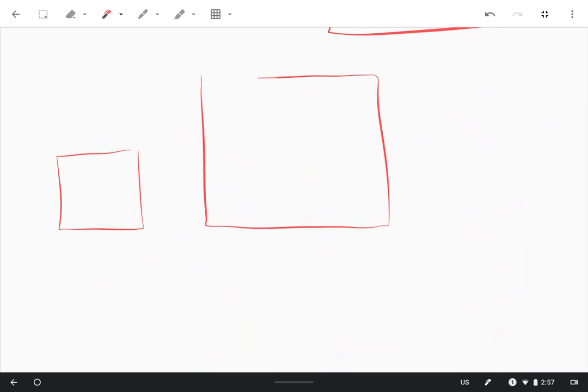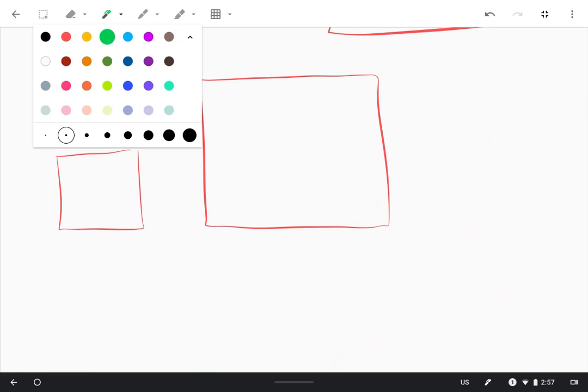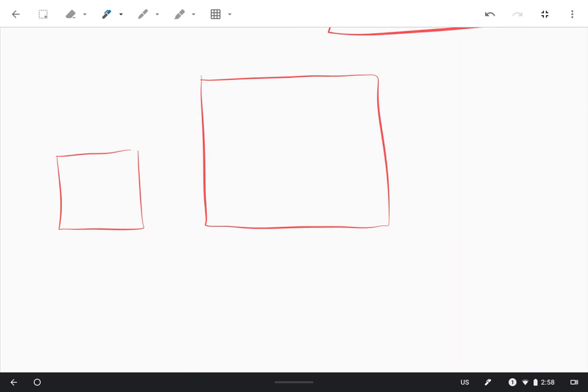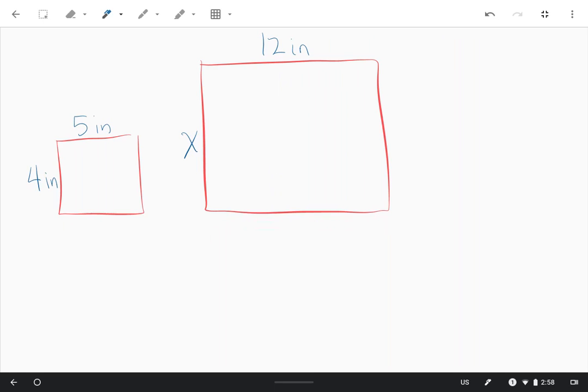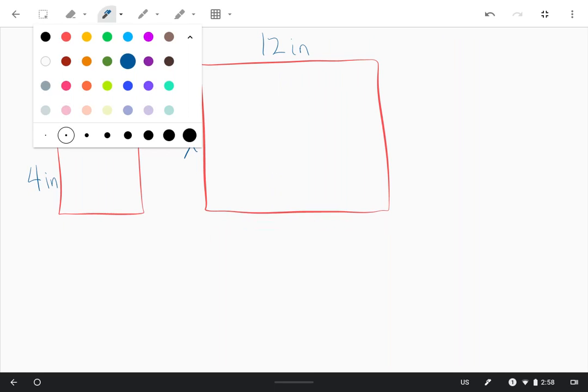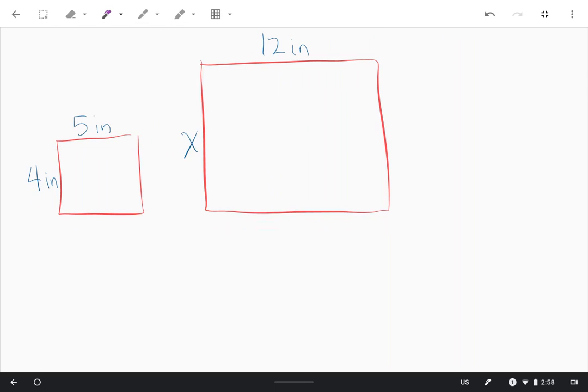They give an example in the unit, and I'll use their example. They give us these two rectangles. In these two rectangles, this has a length of 5 inches and 4 inches here, and then this is 12 inches. And they want to know what's the value of x. This is a great example of how you can use proportions to solve problems in geometry.